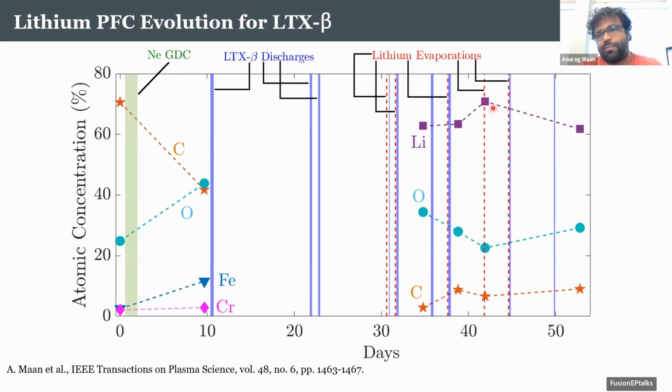If you take it immediately after lithium evaporation, you see much higher lithium, slightly suppressed oxygen, whereas if you take it quite a while after lithium evaporation, you see that the lithium concentration reduces and the oxygen concentration increases. And that's consistent with the previous data I've shown you.